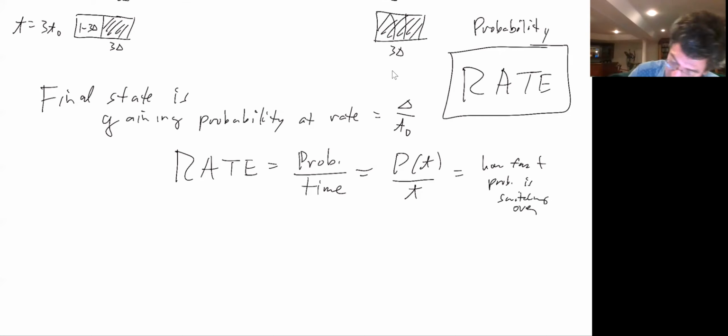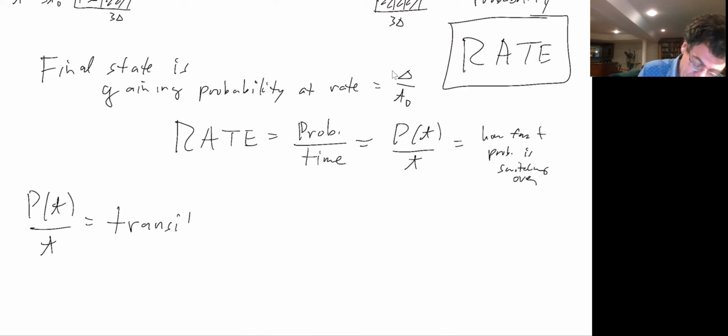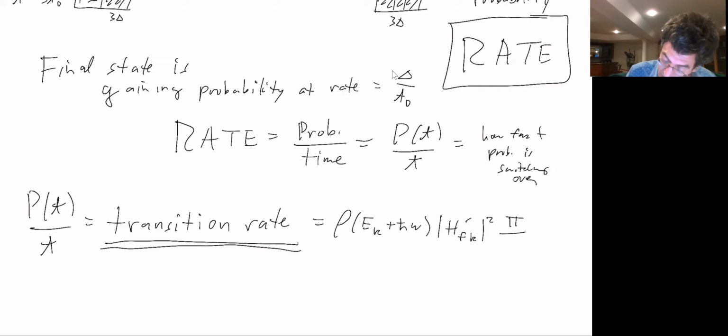And so then we can just plug into our formula, and we see that P of t over t is equal to the transition rate. So that's an important definition. It is equal to rho of ek plus h bar omega times the matrix element that's connecting the final and initial states through the perturbation, times pi over 2h bar.